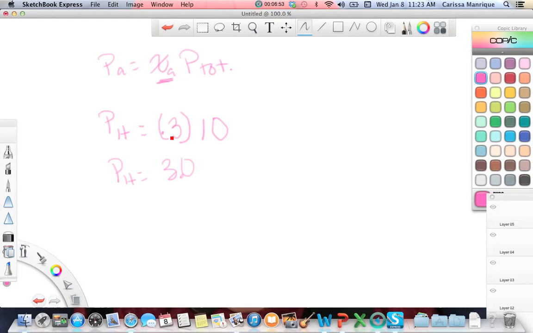So if out of 10, hydrogen takes up 3 of that total pressure. Again, if we had a container, and the total pressure in here equals 10, we said hydrogen takes up 3 atmospheres, because that's what we just said, and we had neon before, so how much would neon take up of that? 7.